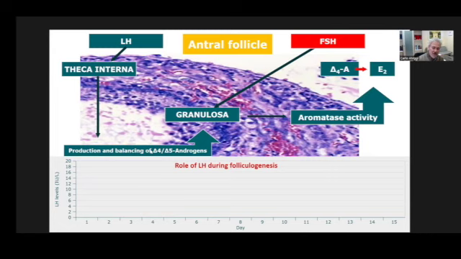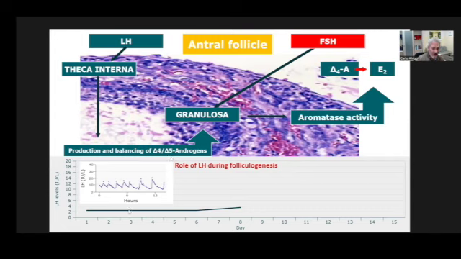This is what happens throughout the whole follicular phase, continuously in any follicle at any stage. This is very important because if the LH pulsatility, which is represented here, is correct, the production of androgens by theca cells is balanced.